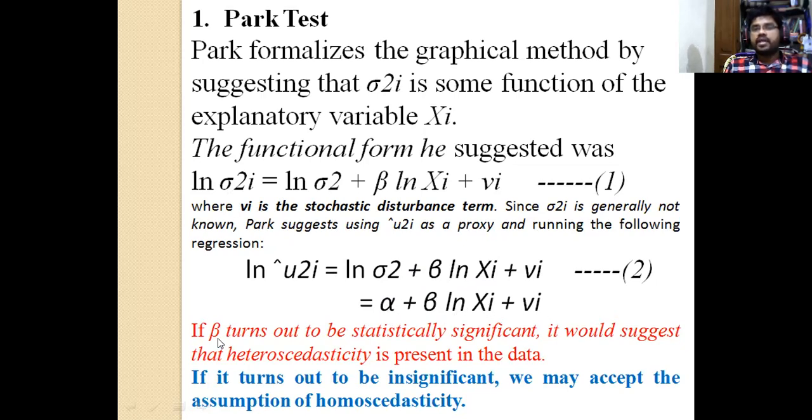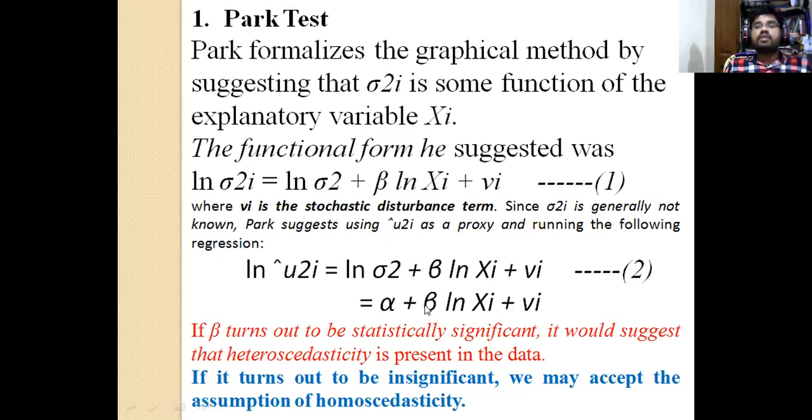If the beta turns out to be statistically significant, we can say that by using the t-test. t is equal to the coefficient of beta divided by the standard error of beta. If beta turns out to be significant, it would suggest that heteroscedasticity is present in the data.